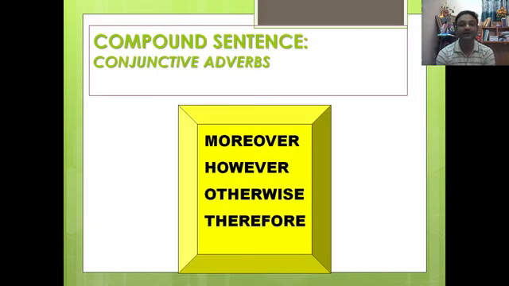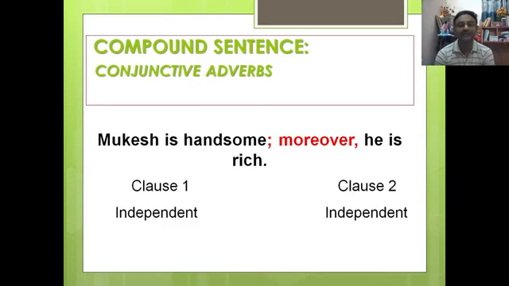So the conjunctive adverbs. Now the second part of the compound sentence comprises the conjunctive adverbs, which include moreover, however, otherwise and therefore. These are the words we are using for conjunctive adverbs. So we can take this in an example.